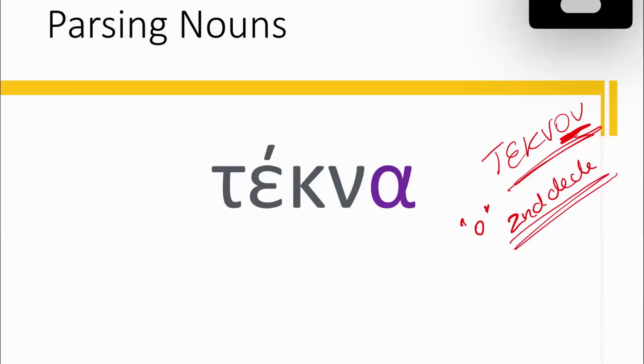And I know from my dictionary that when I learn teknon, I learn it with this article. And this is our neuter article. This has to be a second declension neuter.